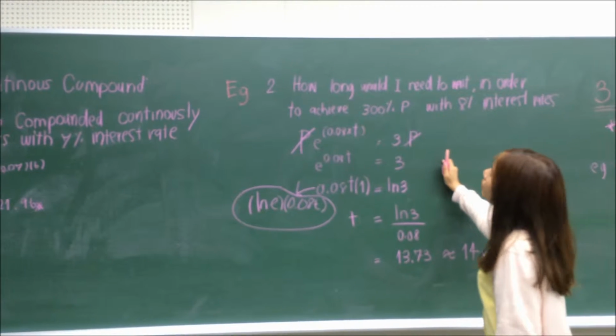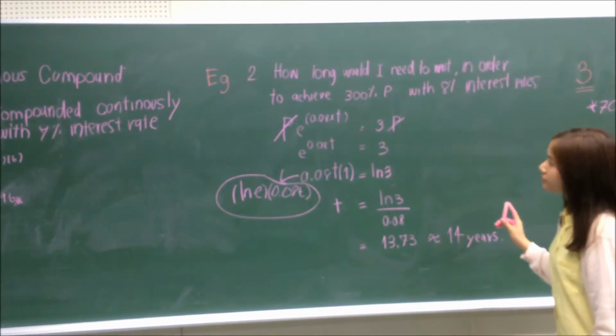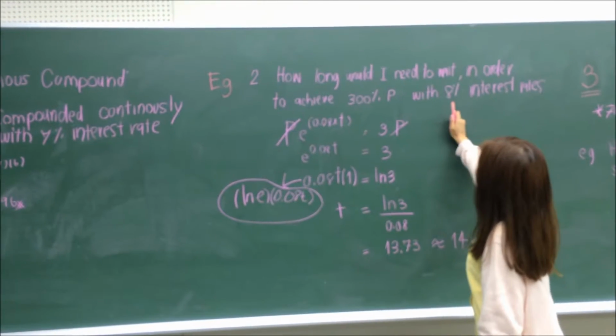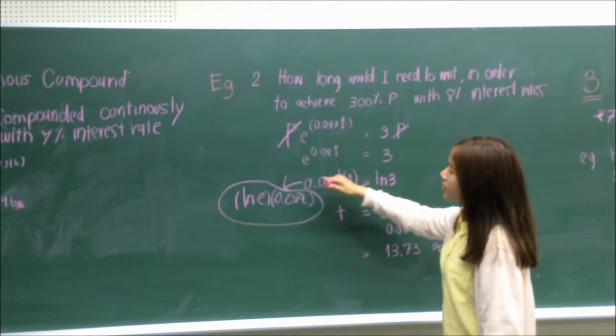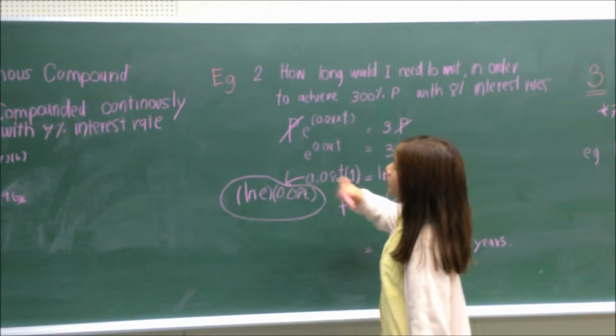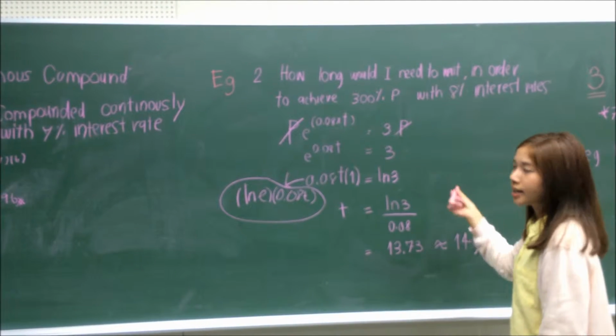How long would I need to wait in order to achieve 300% of P at an 8% interest rate? Using this formula, we take T out from both sides.